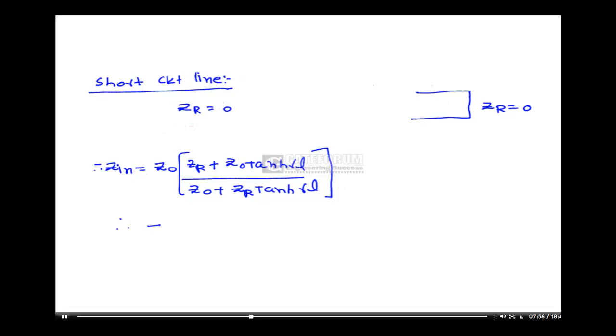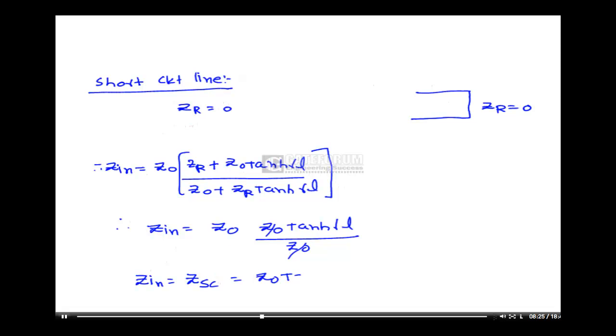The remaining thing is Z0 into Z0 tanh gamma L by Z0 plus 0. So the Z0 cancels out. Therefore, I can represent the short circuit impedance ZSC as Z0 tanh hyperbolic gamma L.